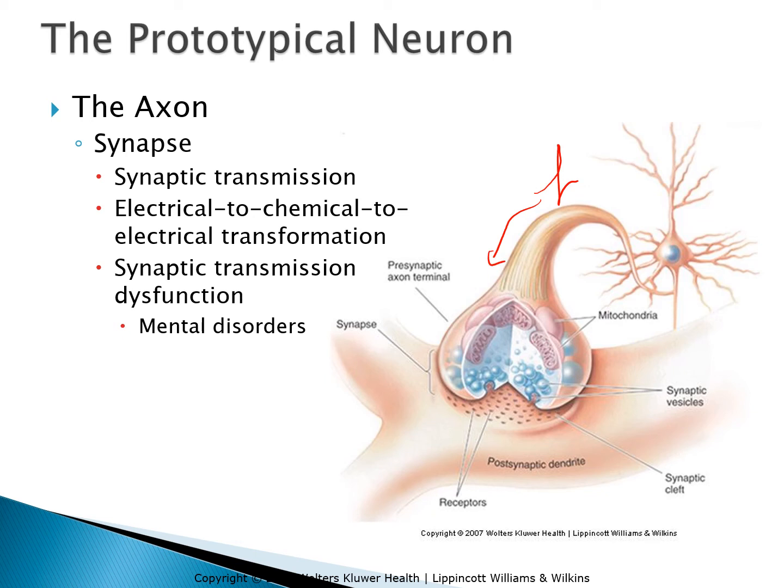That electricity causes these vesicles to bind with the membrane and release their neurotransmitter, which will bind to the postsynaptic site, which, like I said, could be another cell, could be an axon of another cell, could be a dendrite of another cell, could be the soma of another cell, but it's going to get really close to that and then release that neurotransmitter to modulate something that happens on that cell. And there's lots of different types of modulation that can happen based on what that neurotransmitter is and what's being expressed on that postsynaptic cell.